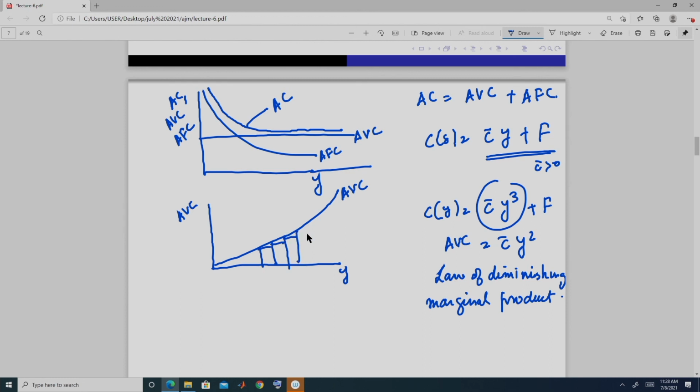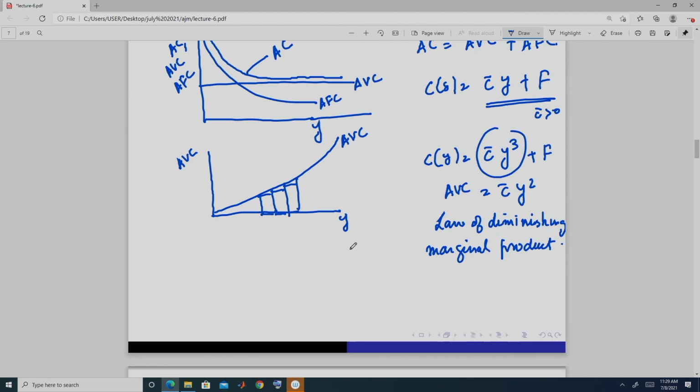So, this means we are actually employing more of this input to get the same increase in output, and this is because the marginal product is decreasing. So, we need to employ more and more input to get the same additional amount of output. So, that is why our average variable cost is increasing here.